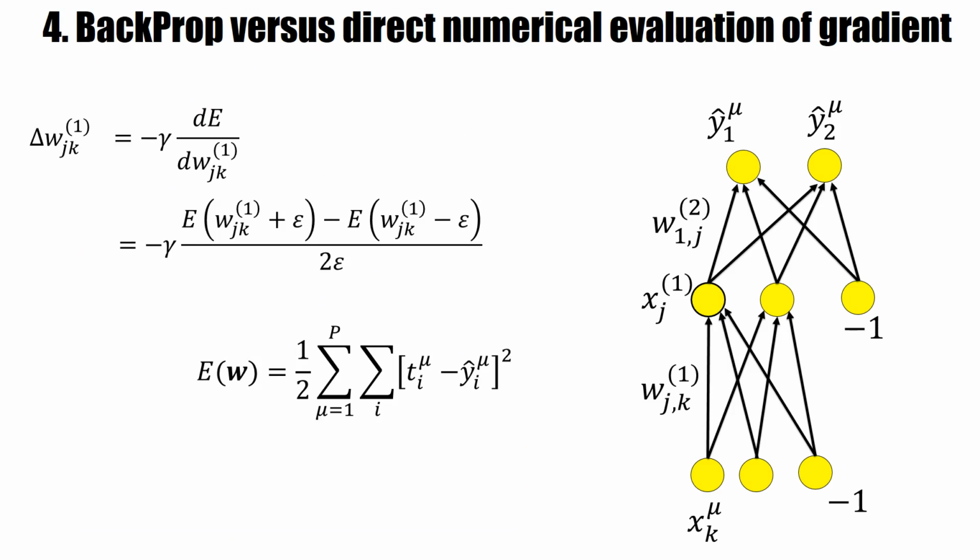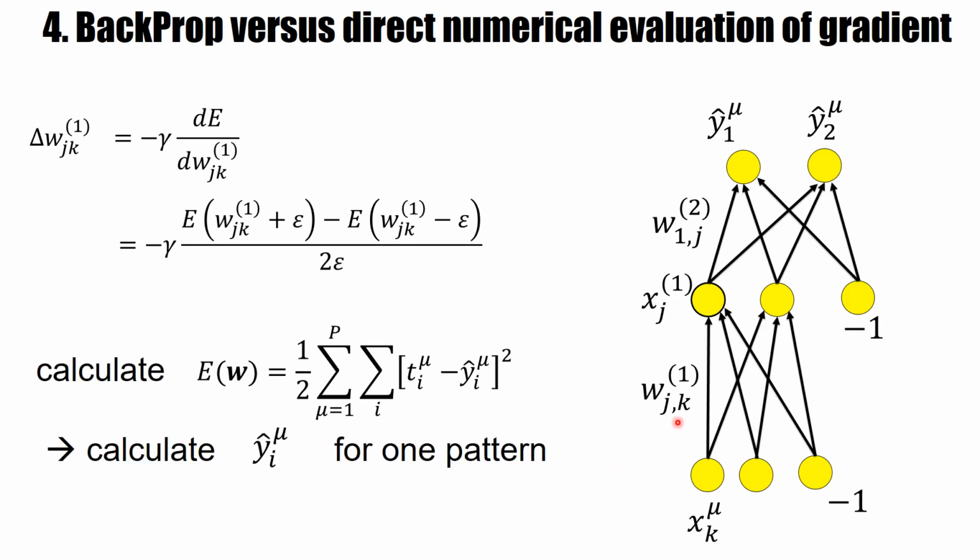I said that BackProp is a smart implementation of the chain rule. But the chain rule calculation is quite complicated. So why should we go through all that effort? We are implementing everything on the computer, so why not directly implement numerical evaluation of the gradient? Numerical evaluation would work roughly like this.